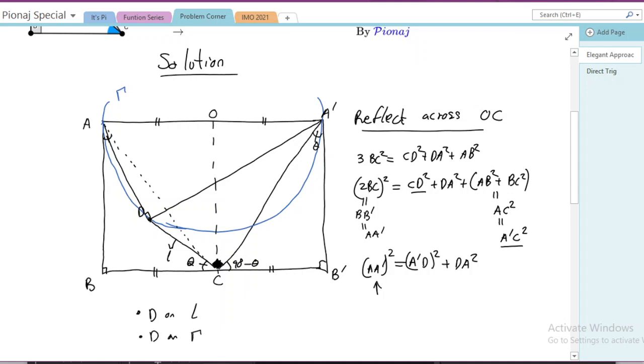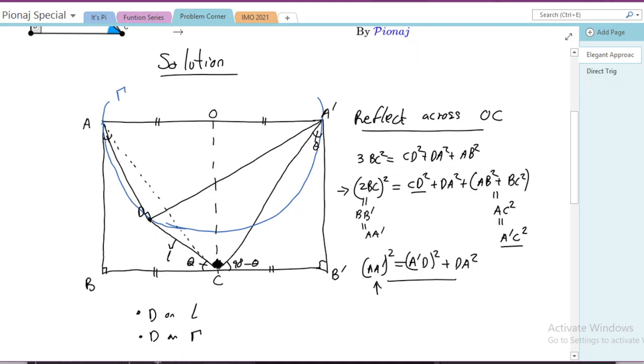Conversely, if D is a point on this line and on that circle at the same time, then from the circle, once again, we get this Pythagoras theorem, and this will still hold. And from the other triangle, we're going to get this is also 90 already, because the line L is already perpendicular to A prime C, irrespective of which D we're picking.